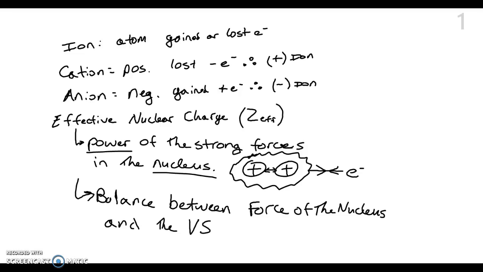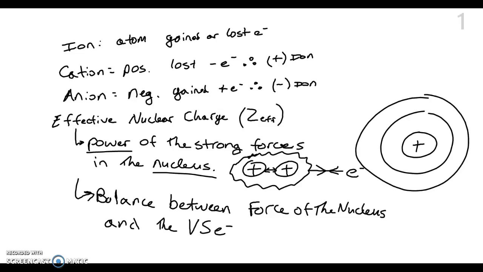So remember, we have a nucleus that's positive and we have electrons at different levels. This distance is shorter than this distance. This distance is longer, so given our force equation, K Q1 Q2 divided by D squared, as this distance gets bigger, the force also gets bigger.